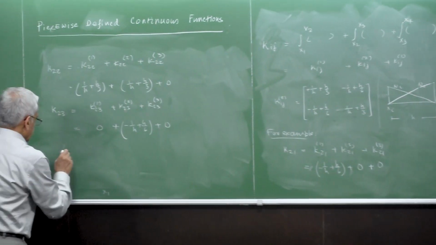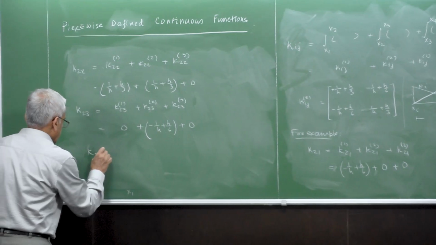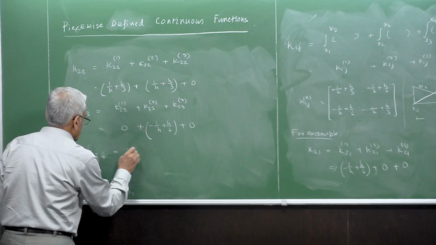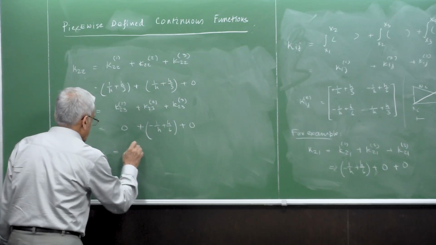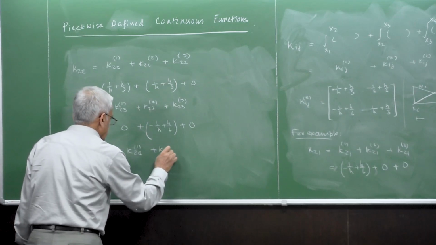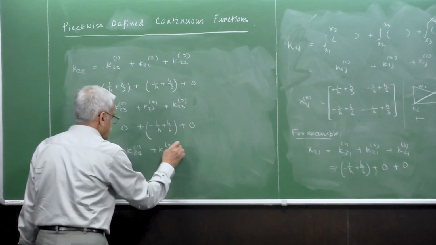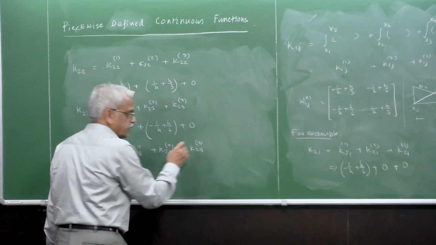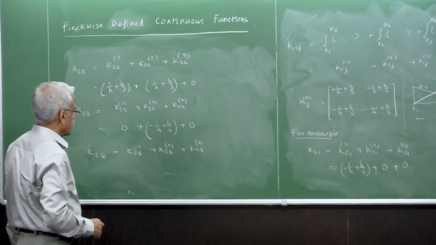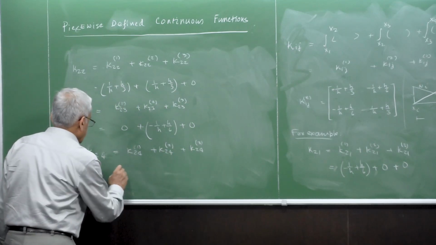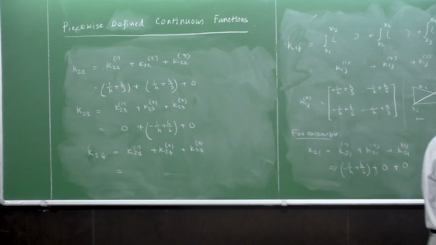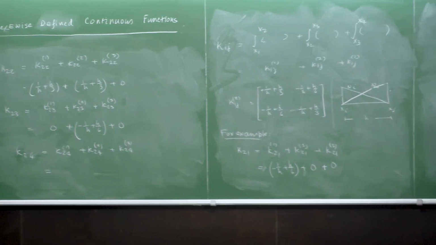So similarly, we can go like this, K24. K24 comes from element 1, element 2, and element 3. So what is this then? For K24, N2 and N4, you have to look for in element 1.